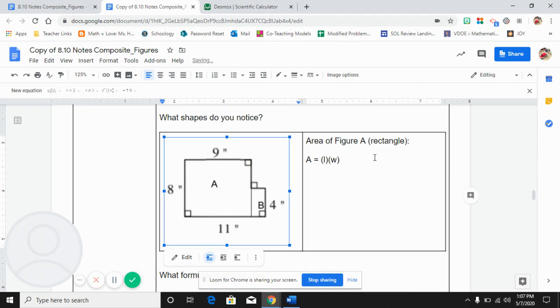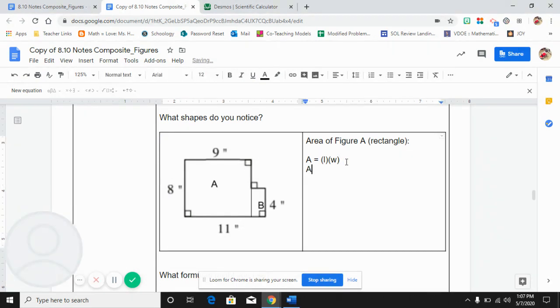So we'll say that the area equals 9 times 8. Hopefully we can do that in our heads. If not, use your calculator. We'll find that the area of figure A is 72 square inches. Because this little symbol means inches, 72 square inches.